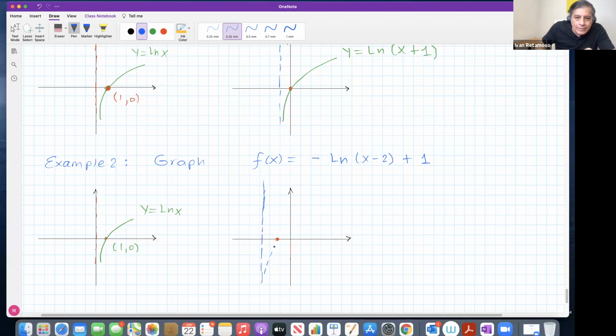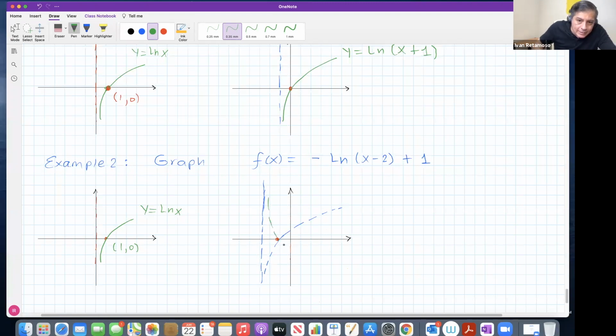But however, notice you are dealing with the reflection of this, right? The reflection about the x-axis. So finally, this will be like this, right? You follow, guys? Yeah, very good. And on top of that, you are shifting everything up 1 unit, right?